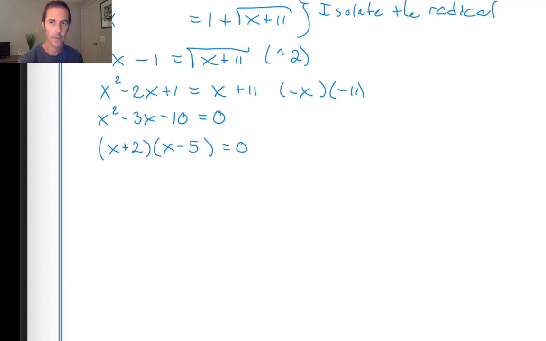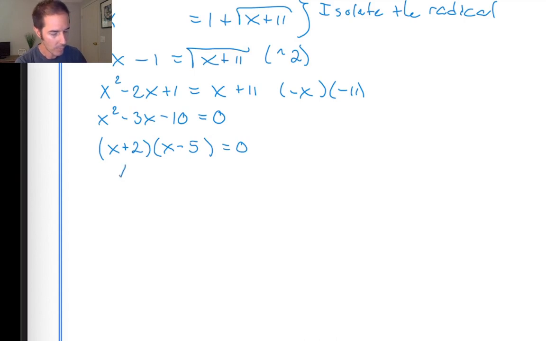Those are the O and the I terms from the FOILing process. When you FOIL, you have to add those two middle terms together when you combine like terms, and that's the +2x and the -5x. Those will add together here to give us -3x. Again, I know that I factored correctly because I basically just FOILed it out in my head, talked it through out loud to confirm that I did it correctly.